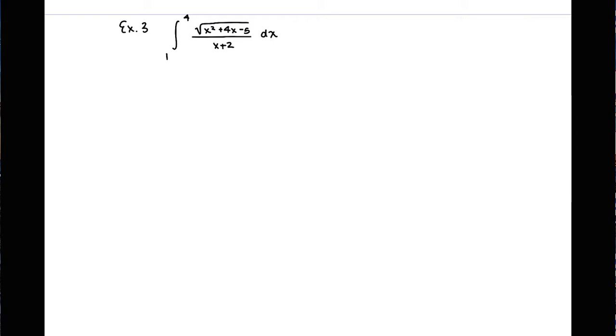Now, the first thing that jumps out to me is that with a quadratic that isn't a perfect square, good luck doing any sort of substitution if you don't literally see the derivative staring at you, which I do not. So in this case, we really have to complete the square on x squared plus 4x minus 5. I don't see a u sub, so it's pretty much the only step that I can take.